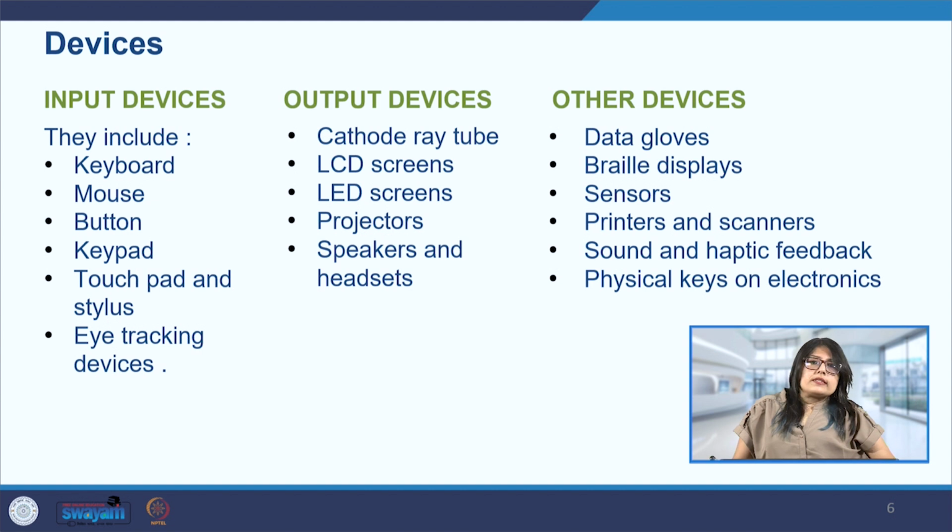The next is sensors. Sensors of course are very crucial in all of these devices, and many different types of sensors are in application, and depending on the use, the sensor may be used.